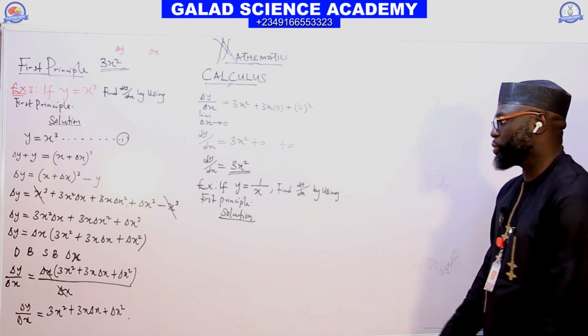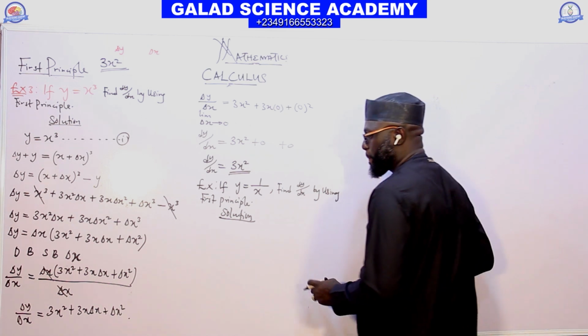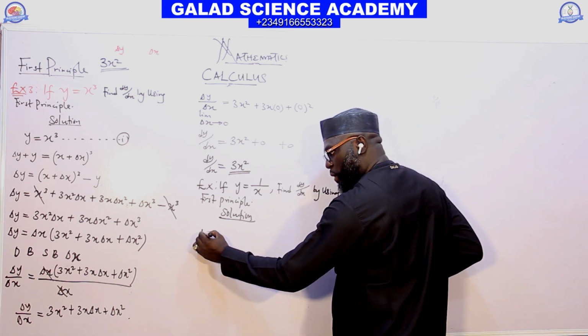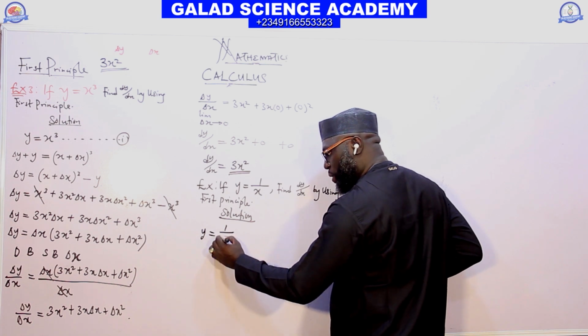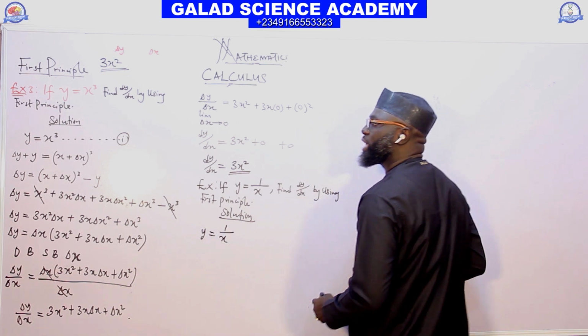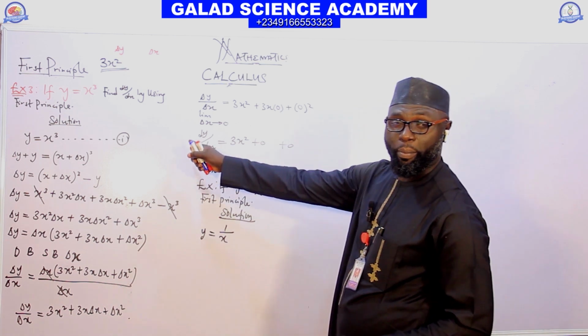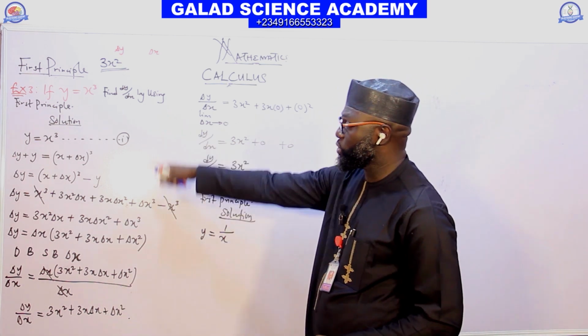By using first principle, what we do here? We are given y equal to 1 over x. Don't forget, you can still use the general formula method for this one.